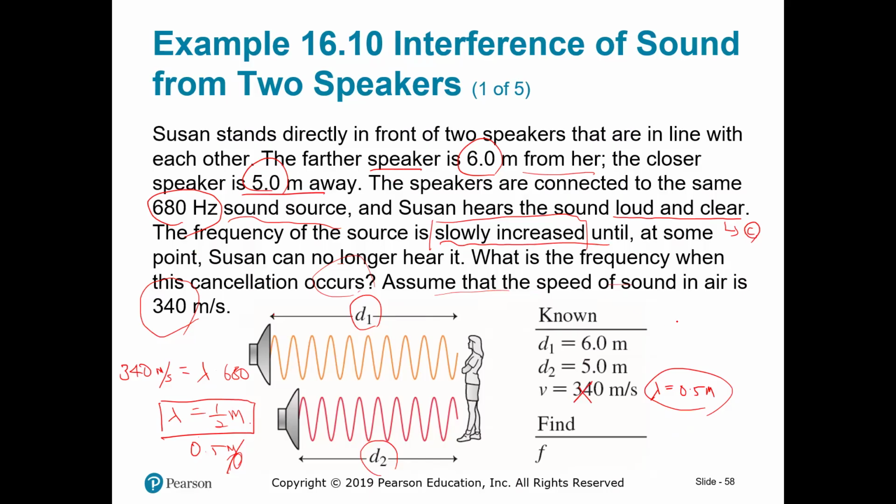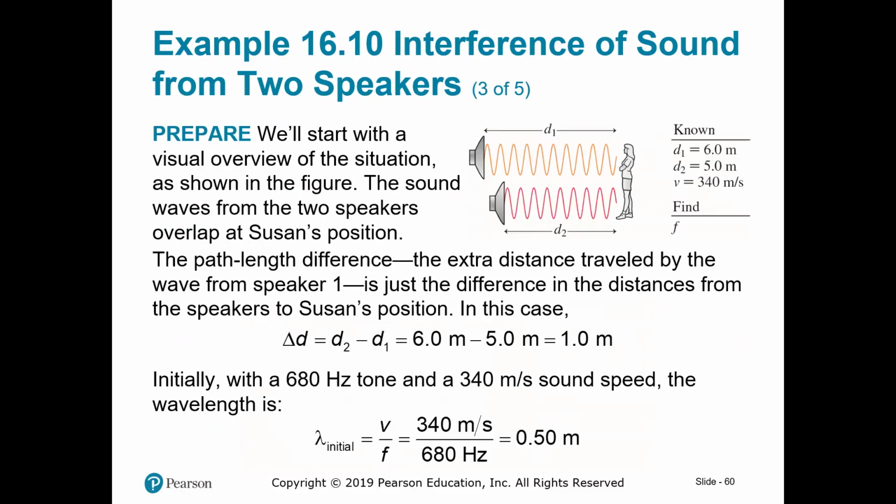That means delta D is 1 meter, the path length difference is 1 meter, and your lambda is 0.5. So then you can see why Sujan has a constructive wave there, right? Your delta D is 1 meter, and lambda is 0.5 meter.